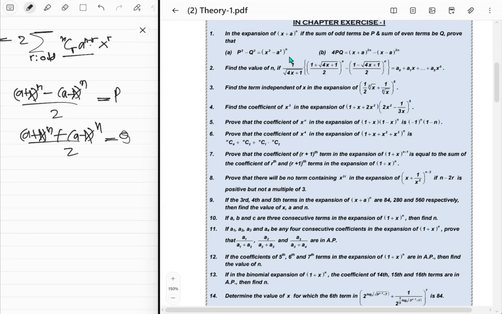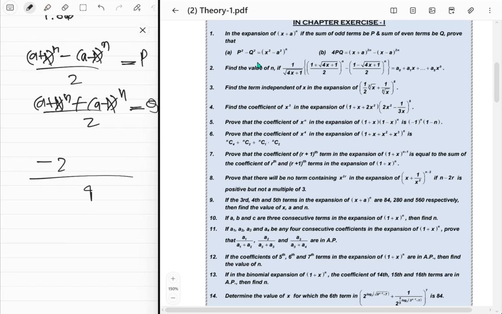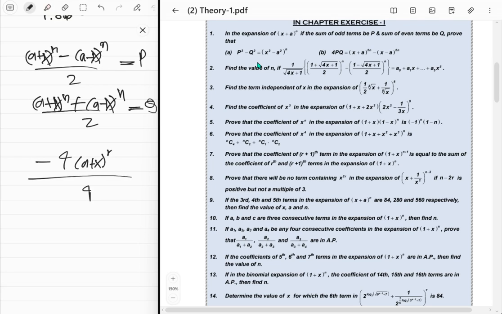How hard can this be? So it's just going to be, wait, what? It's got positive, and let's see what this gives us. So it's going to be negative. We got 4 over here, so it's got negative 4 because minus 2 is minus 4, and then we got (a + x)^n times (a - x)^n.